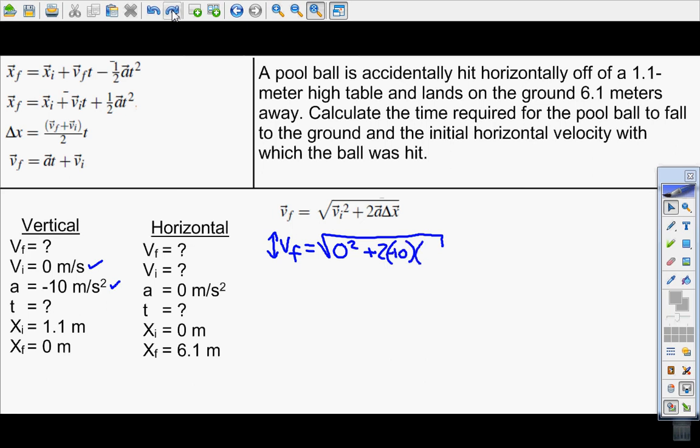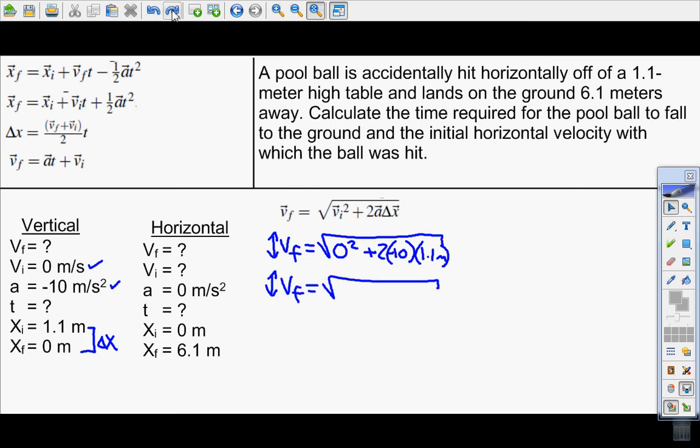And then I need the change in position vertically, and if I look at xi and xf, then the difference between the two is my change in position, and that's going to be 1.1 meters then, because 1.1 minus 0 is 1.1.